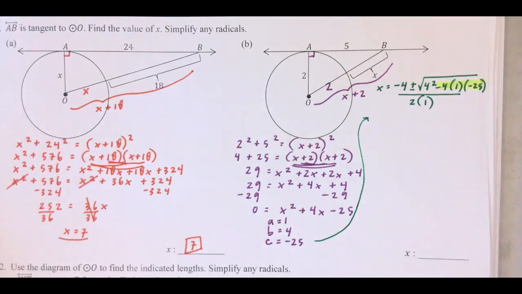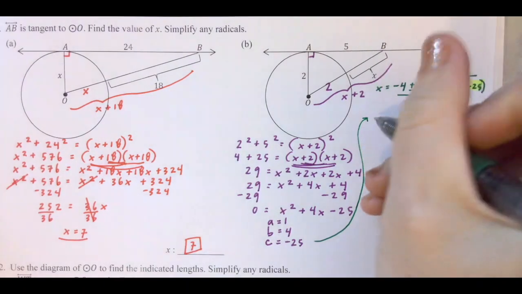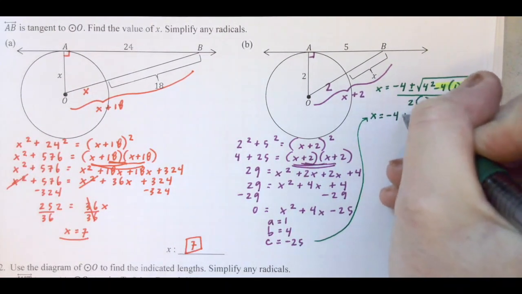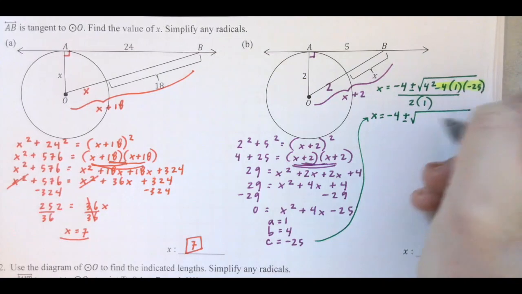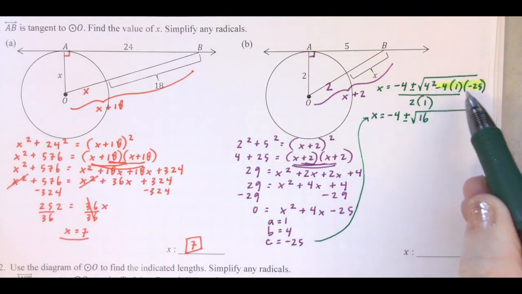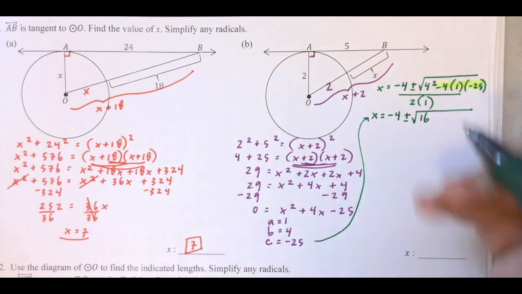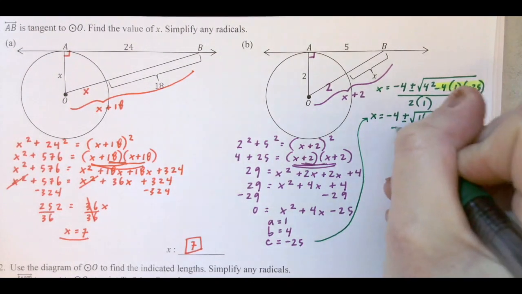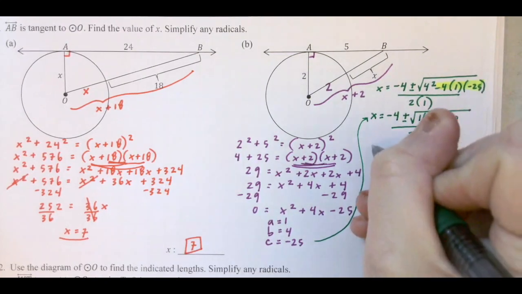Usually I see a sign error. So I'm going to keep my eye on that to make sure that I don't make that mistake. So x equals negative 4 plus or minus the square root of 16, negative 4, positive 1, negative 25. That multiplies out to be a positive 100, and then all over 2.